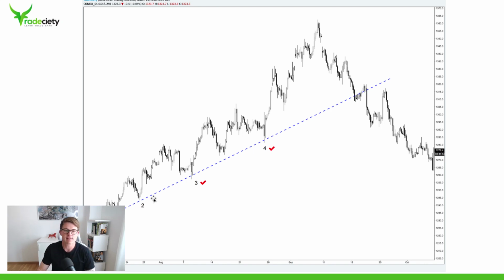You can always connect any 2 random points on your charts, but only if you have a third touch point do you have a confirmed trend line. And usually trend lines don't have more than 4 or 5 touch points, as we will see shortly. So 3 to 4 touch points is usually what you have on an average trend line. Why that is, we will see in a moment.